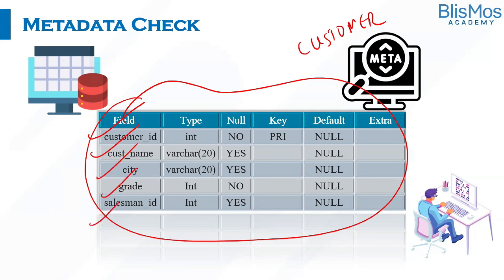Customer ID happens to be of integer type and no null values are allowed here, and this happens to be a primary key. By default, null value is allowed, but here we are saying no null values allowed. It is a kind of a constraint. In the similar way, for each of the fields, for each of the columns, data type is specified, constraints are specified. That is what we have to check.